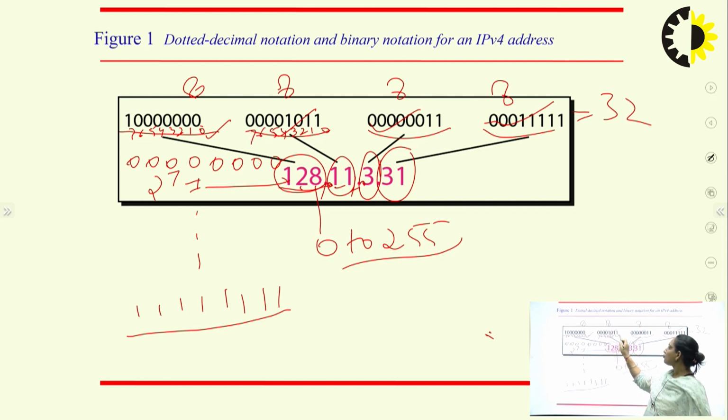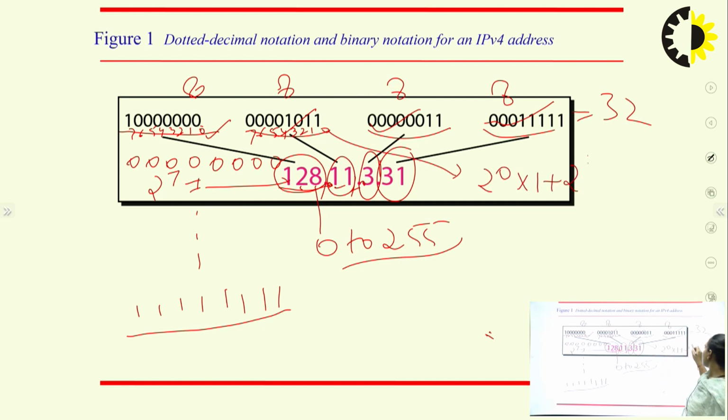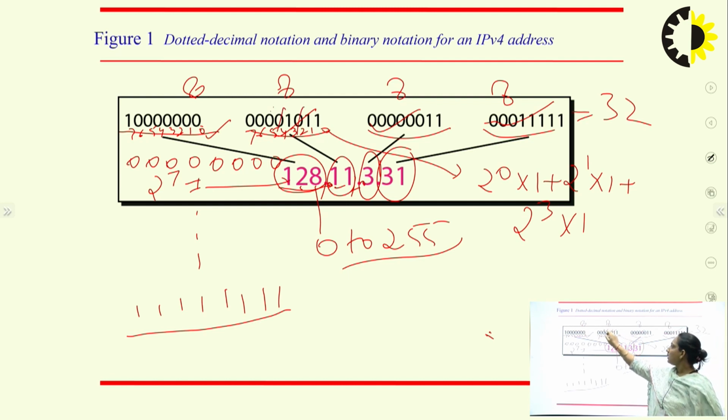So that is 2 raised to the power. It's the combination: 2 raised to power 0 into 1, plus 2 raised to power 1 into 1, plus zeros, and 2 raised to power 3 into 1. All the zeros multiplied by 0 are also 0, so we count only the ones. All zeros will be cut down from here.